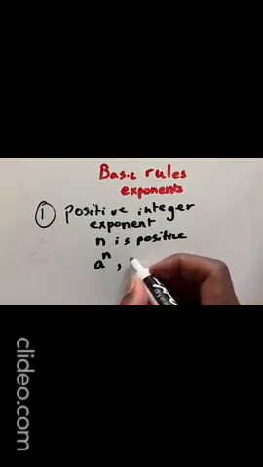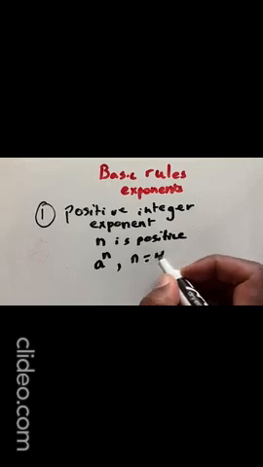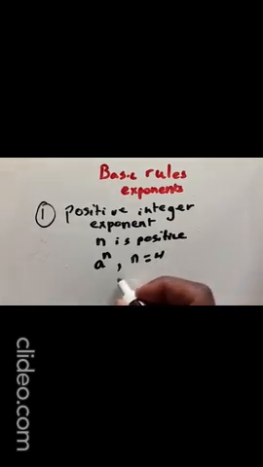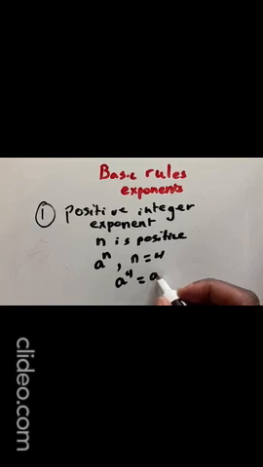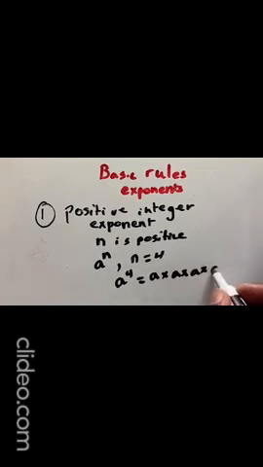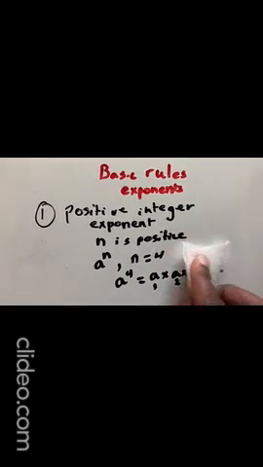Let's say, for instance, n equals 4, which is a positive number. This simply means that we're going to multiply a 4 times. So a times a times a times a. 1, 2, 3, 4. So that's the rule in the case that we have a positive integer.